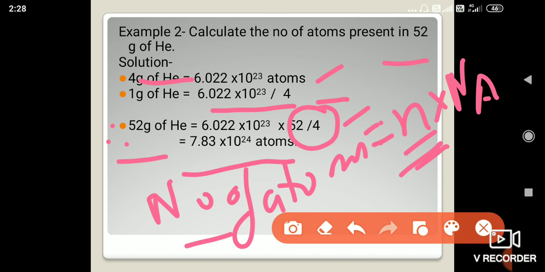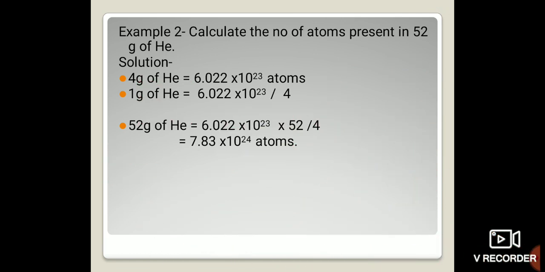That is why the number of atoms is 7.83 into 10 to the power 24 atoms. With the help of these formulas we can calculate the number of moles, and from the number of moles we can also calculate the number of atoms.